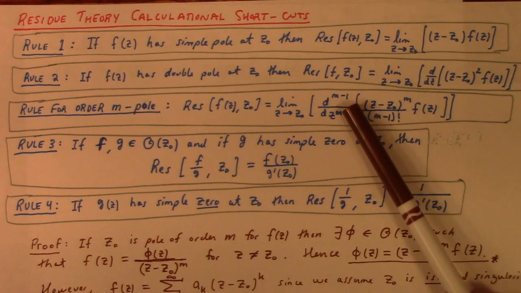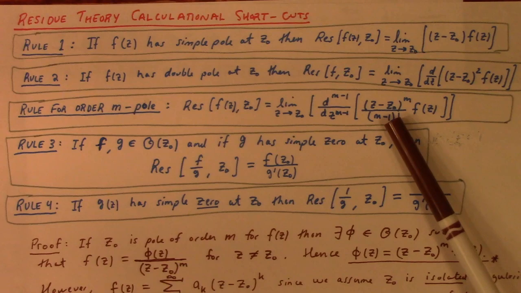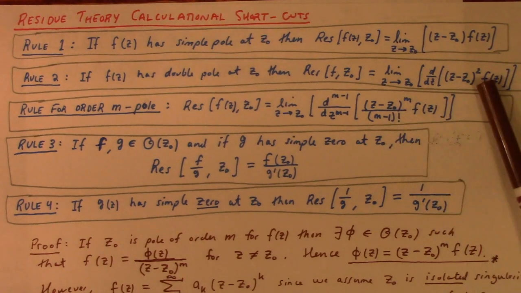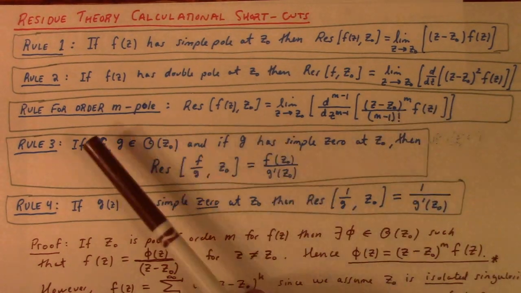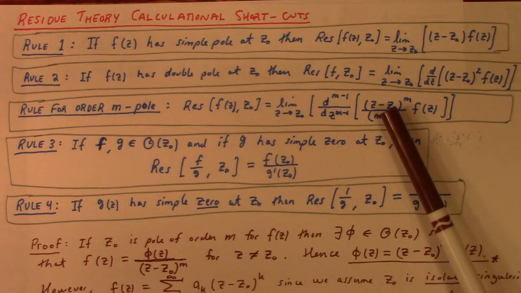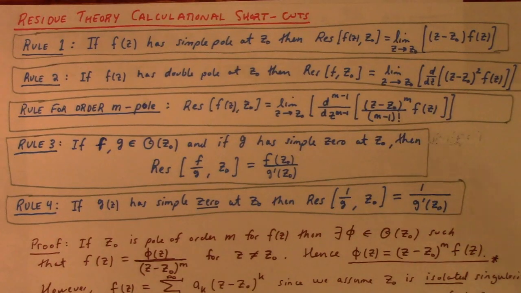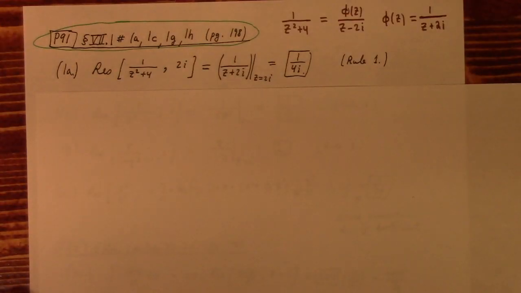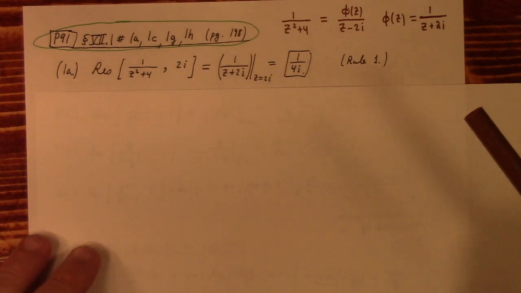So m equals 1 is that, m equals 2 is that. If you understand the rule for the order m pole, it automatically gives you rule 1 and rule 2. Okay, so we'll come back and prove rule 3 in a minute, but I wanted to do some examples first.